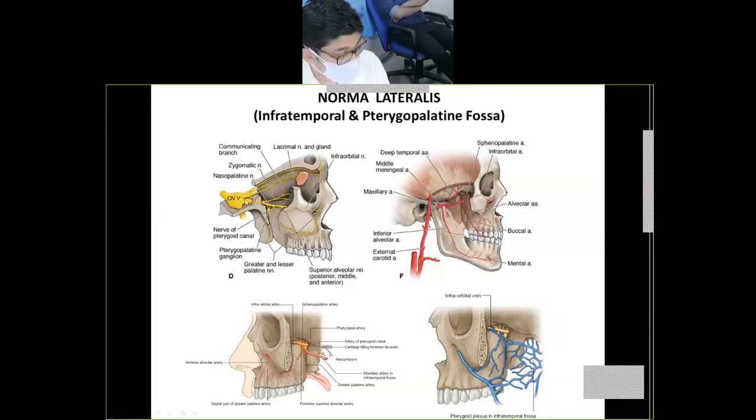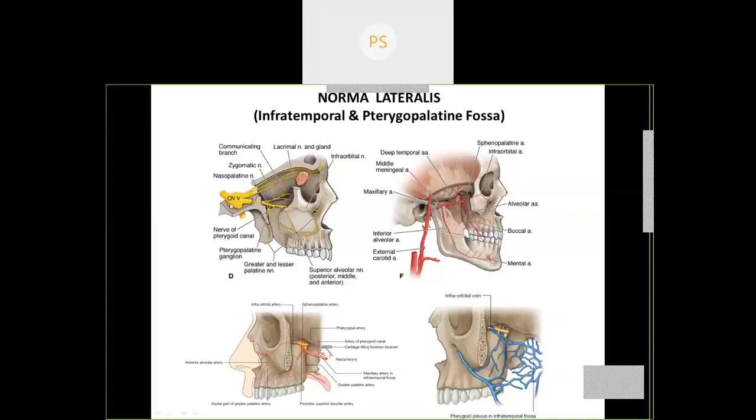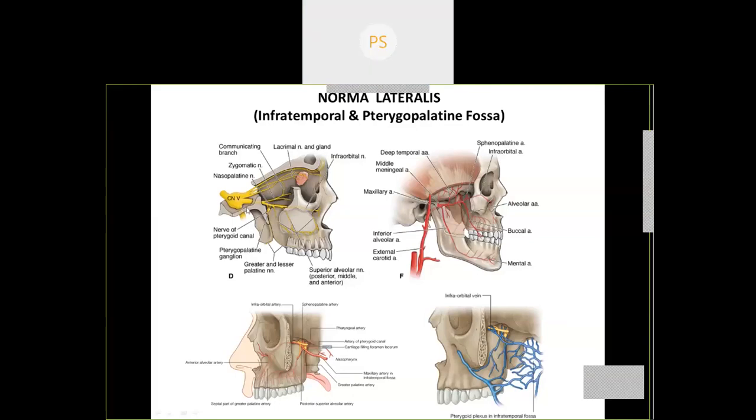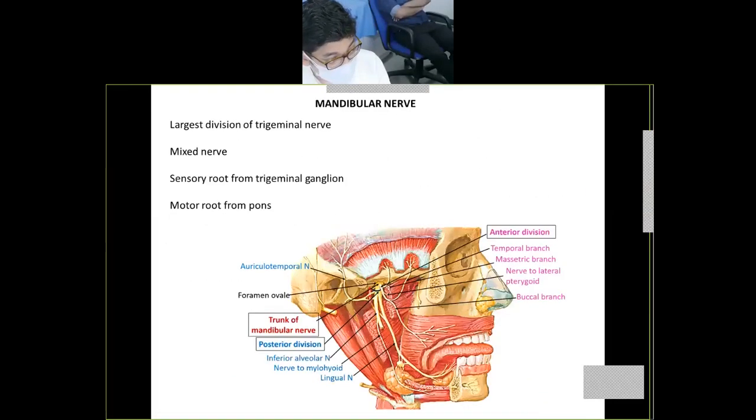The maxillary nerve will enter the pterygopalatine fossa through the foramen rotundum. Now the mandibular nerve will enter the infratemporal fossa through which foramen? Foramen ovale.